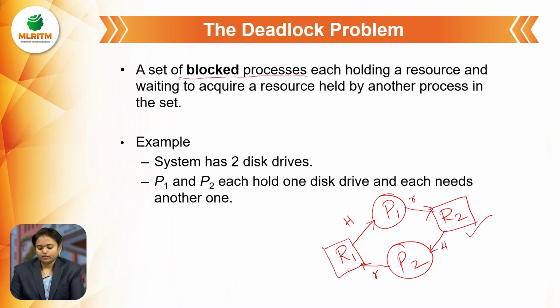Until R1 is acquired for P2, it is not executed. If R1 and R2 are available for process P2, then it is executed. Otherwise, it remains in the waiting condition. So here P1 is waiting for R2 and P2 is waiting for R1. So neither P1 nor P2 is executed. This is nothing but a deadlock.